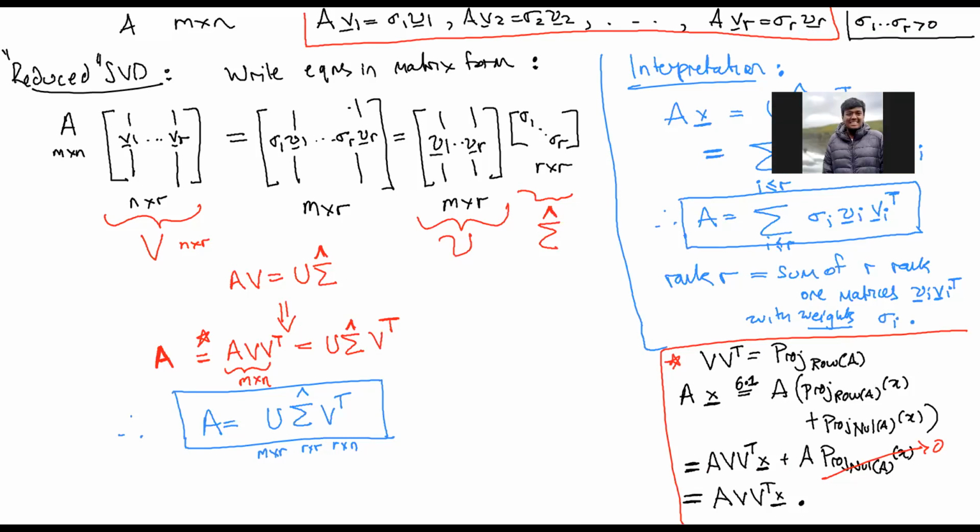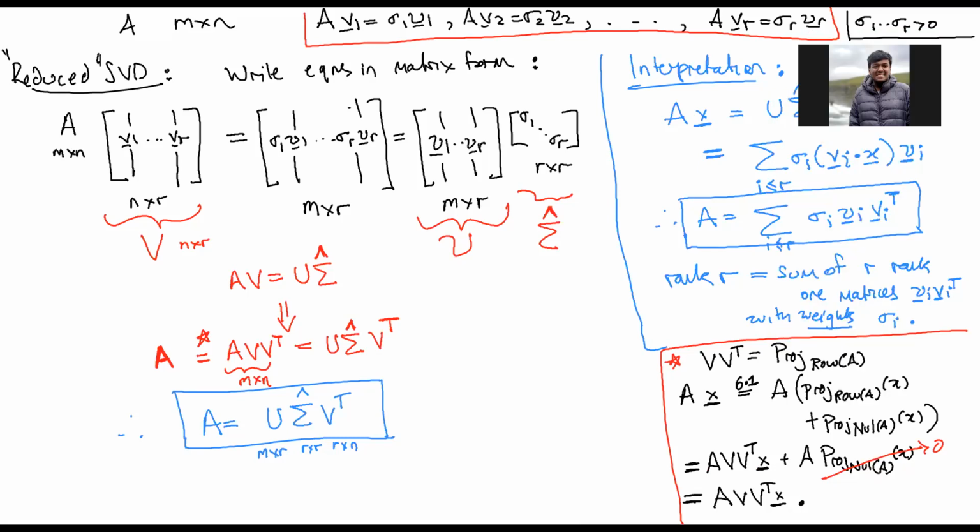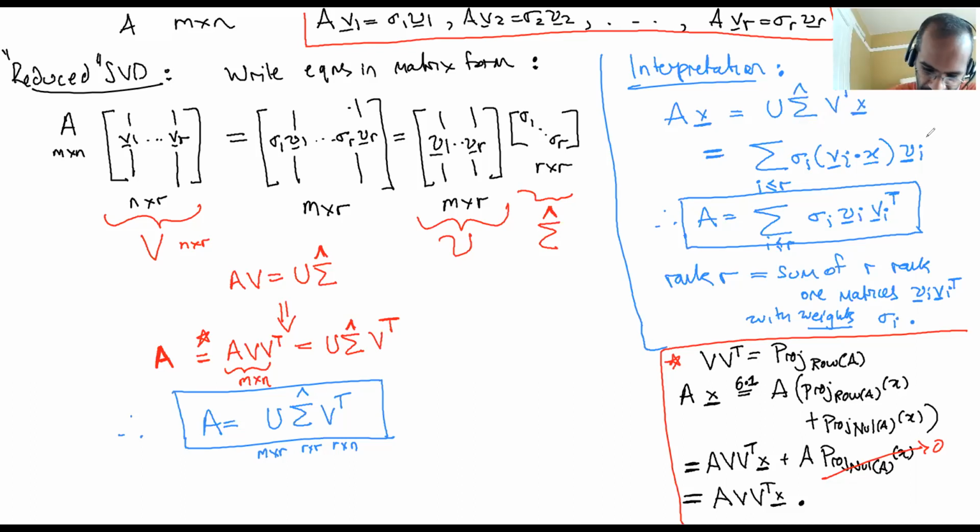Yeah, with the last part of the interpretation, the part you boxed in blue, where A is equal to the sum of sigma i Ui Vi transpose, why does Vi dot X become Ui again? Right. Well, think about this term.